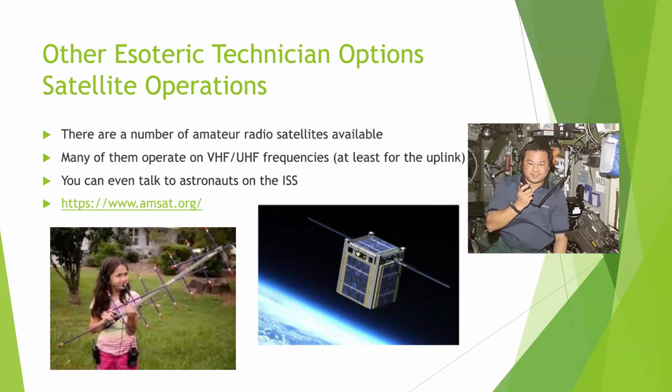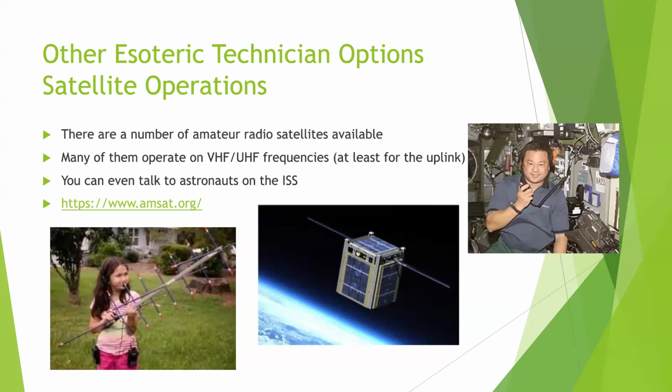And you do have to understand that there will be Doppler shift involved and all kinds of stuff because it's moving pretty fast. So you may have to tune a little bit to catch it and then tune as it flies by.